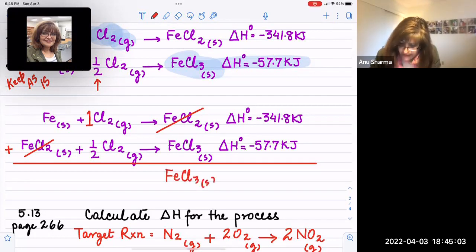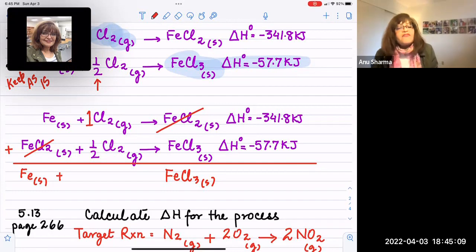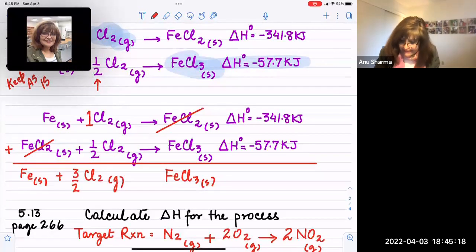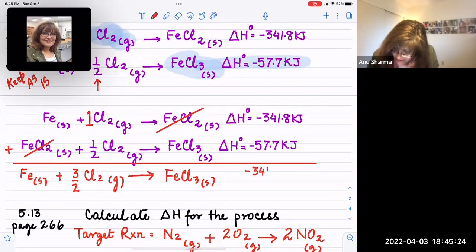Next, we are going to have FeCl3, which is what we want, as a solid. And we have iron as a solid, and then 1.5 Cl2, which is 3/2 Cl2, as a gas, and this is giving you FeCl3. Now, negative 341.8 and negative 57.7 kilojoules.